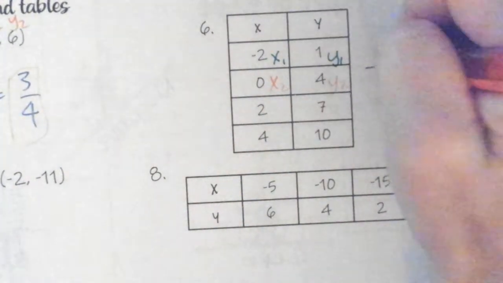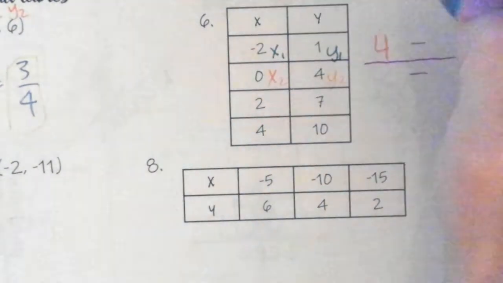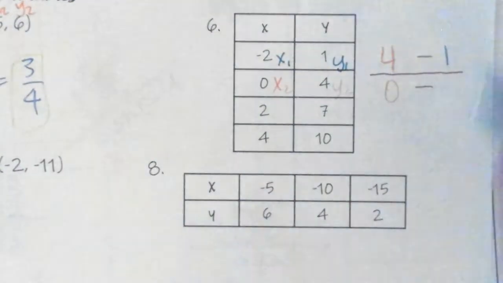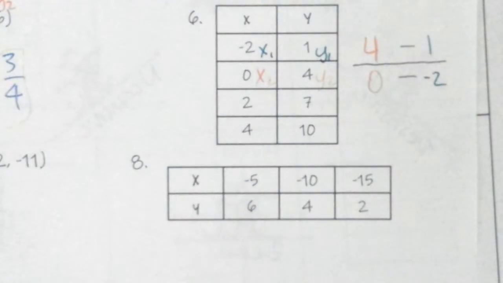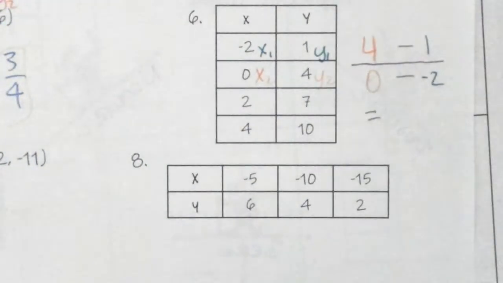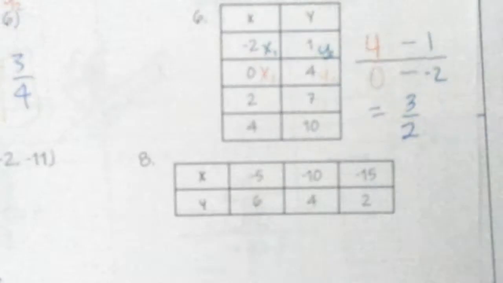On top we have 4 minus 1 over 0 minus negative 2. I'm going to keep that minus negative 2 just like that and put it in my calculator so I get the correct answer. This is 3 over 2.